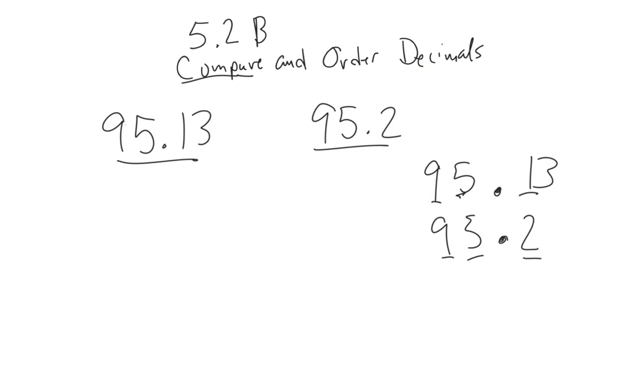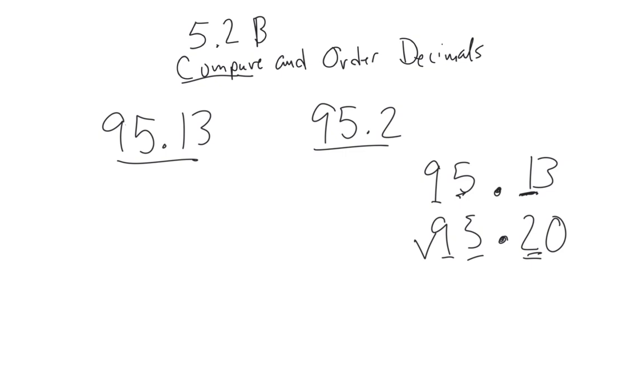Technically, this number could also be 20 hundredths, or 2 tenths. And this is why we start from the left, and when we do that, we can automatically see that the first number that comes up that is bigger is the number that's going to be the biggest number.